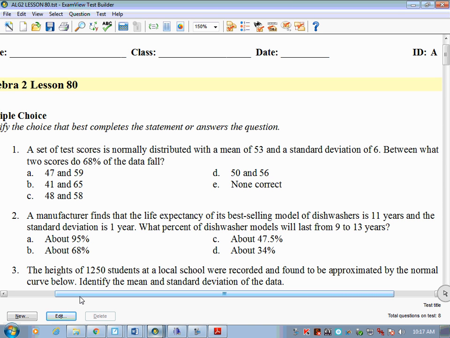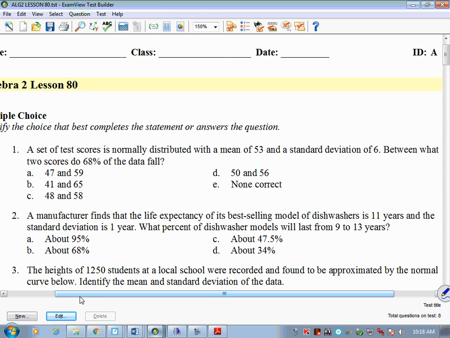68% of the data is how many standard deviations left and right? 1 standard deviation left and right. If my standard deviation is 6, what do I need to do to 53? I need to do 2 things. Subtract and add.